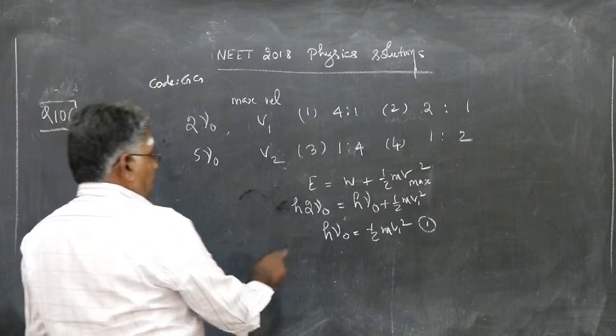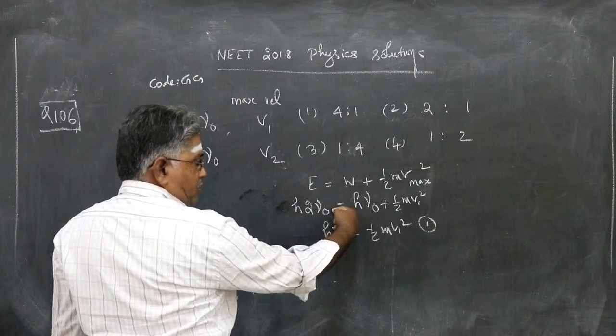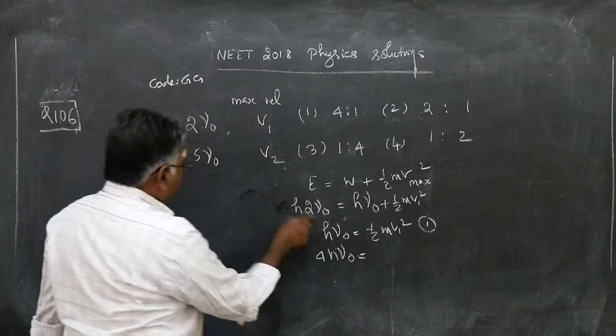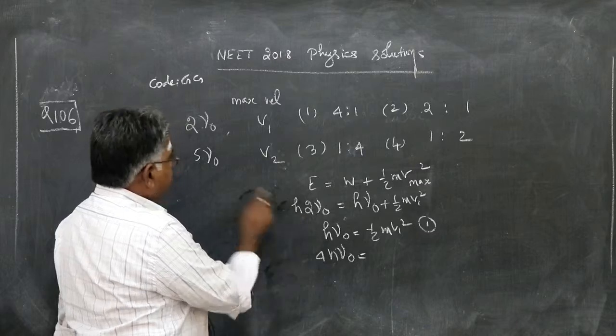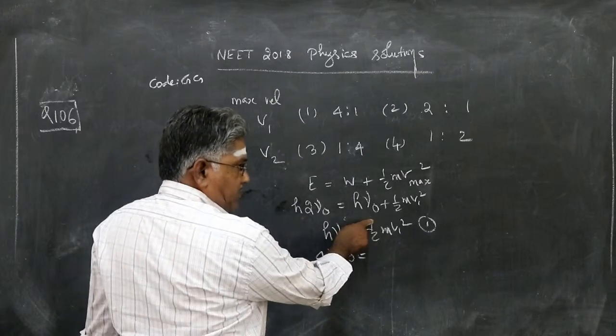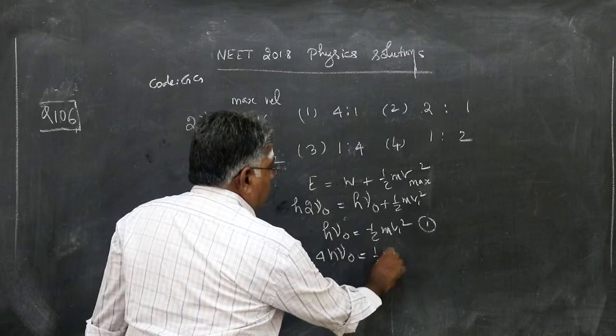Similarly for the second part, the energy will be 5h nu naught minus h nu naught, so 4h nu naught. Instead of 2h nu naught, put 5h nu naught. But this will be the same metal plate. So 4h nu naught equals half m V2 square.